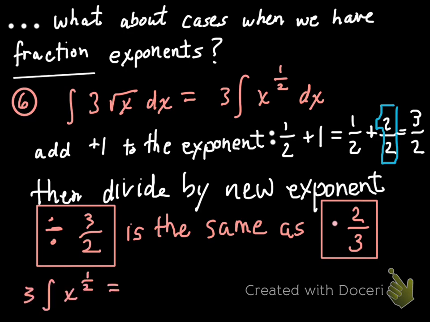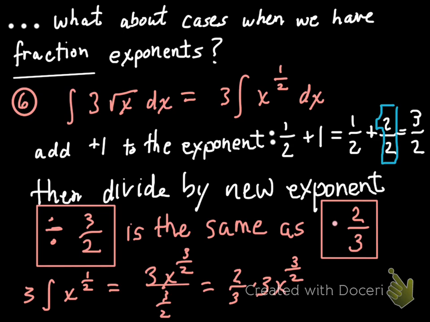what you'll get is 3 integral x to the 1/2 power equals 3x to the 3/2 power all over 3/2, which is the same as 2/3 times that 3, x to the 3/2 power.